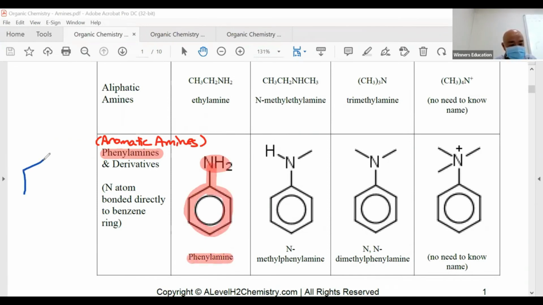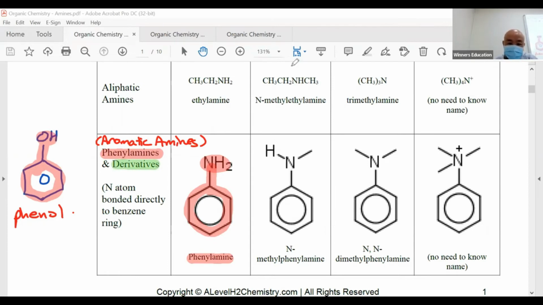We saw in the aromatics topic that when you have this, we call the whole group phenol. Remember? It's a functional group on its own. All right, so this time around it is a phenylamine functional group. But again, there will be derivatives when the nitrogen has substituents.